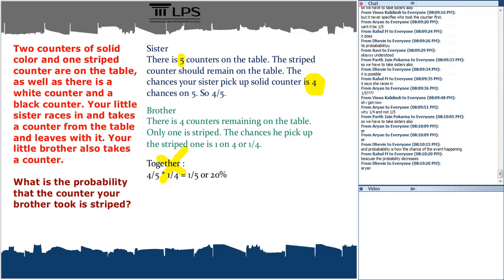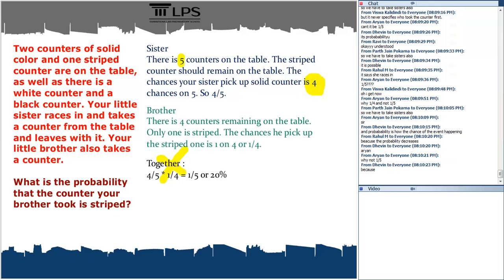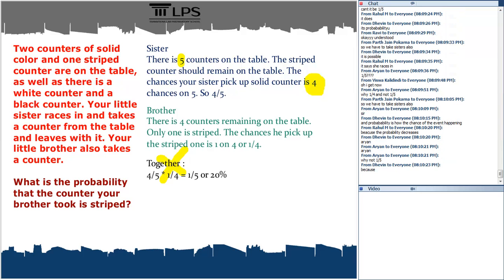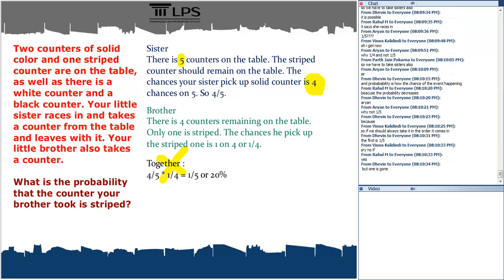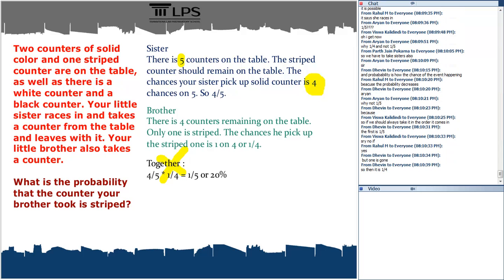Yes, the probability is the chance of that event happening, that the sister is going to select a counter which is solid, and the brother will select the counter that is striped. You must always take the question in the order it comes in. Take the first information, then take the second piece of information.